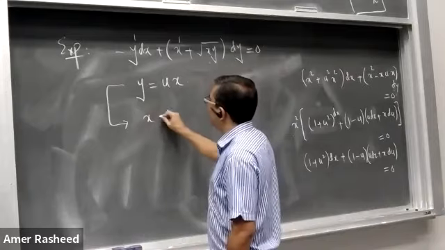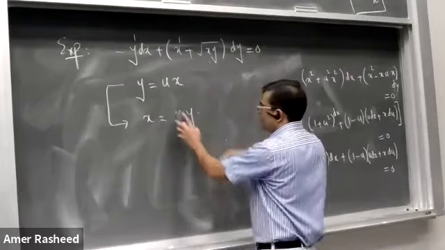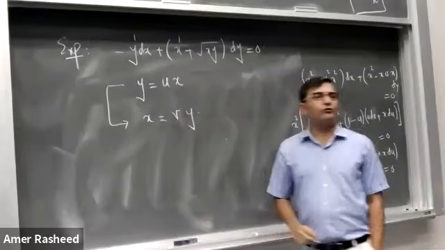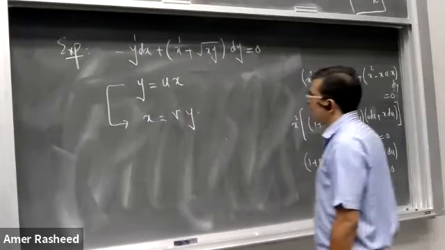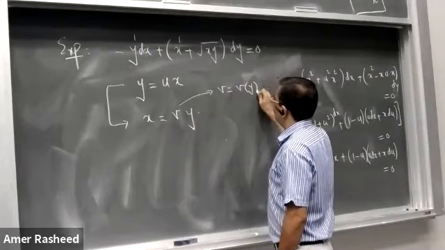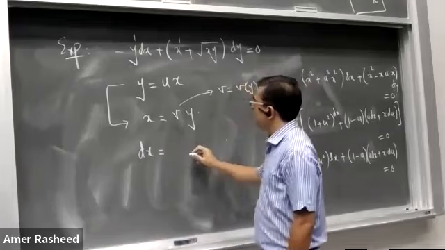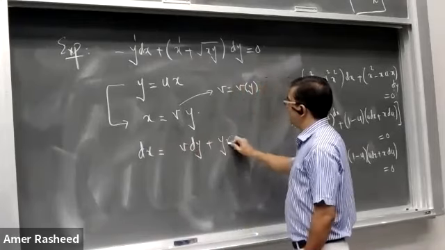We can assume x equals uy. To change the notation, put x equals vy, where v is a function of y. Now, whenever you take dx, it becomes v dy plus y dv.